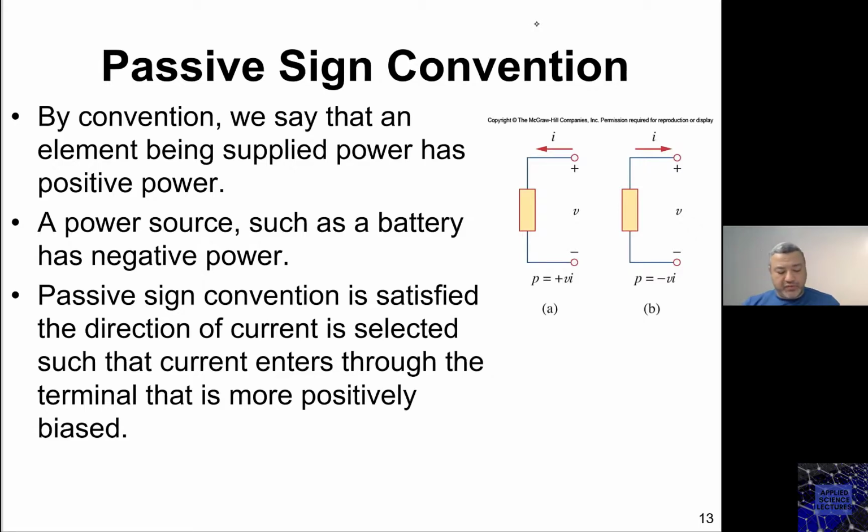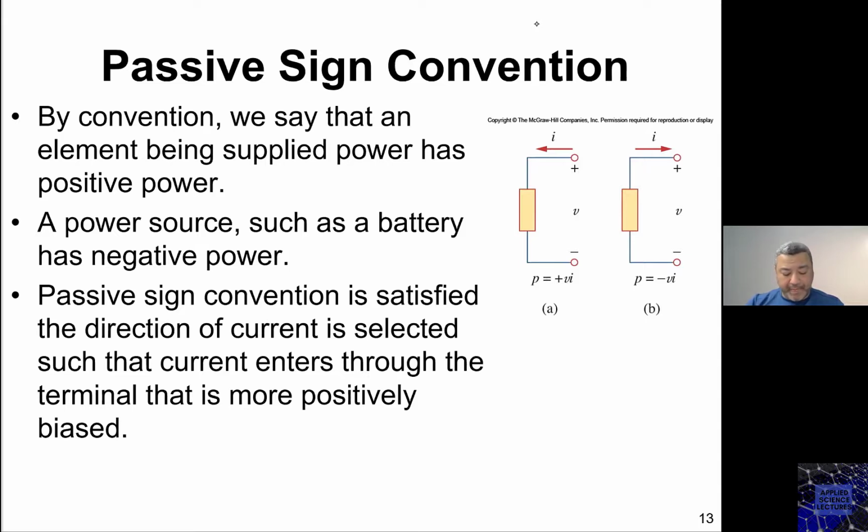Now, to discuss the convention of the power that is absorbed or supplied based on the components that we are analyzing, we have to be very careful. We do have components that absorb energy or power, and we do have components that supply energy or power.